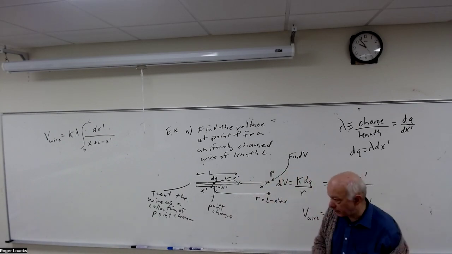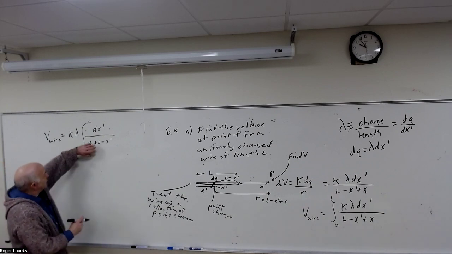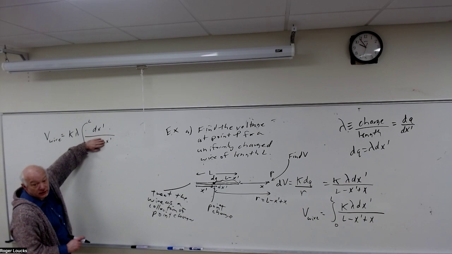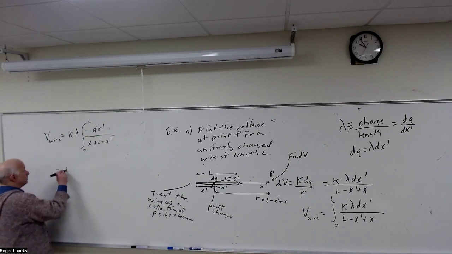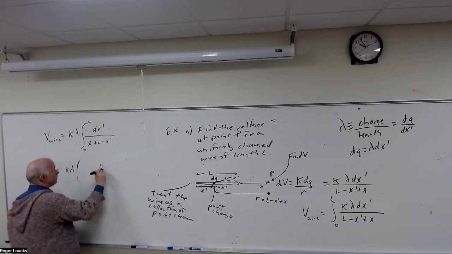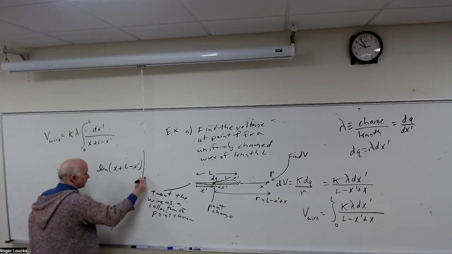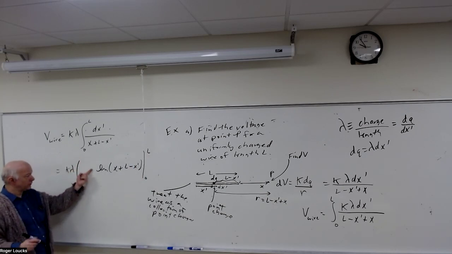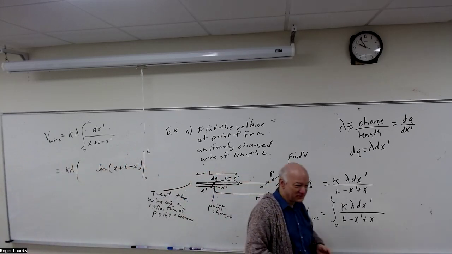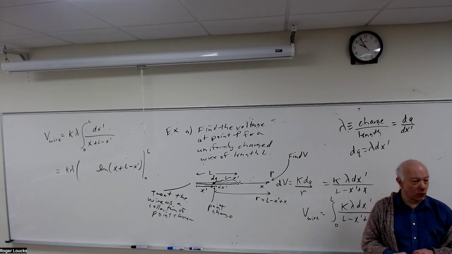Yeah, it's going to be the ln of something. If I just had dX prime over X prime, that smells like an ln. So you would guess initially K lambda, and there could be something in front, the ln of X plus L minus X prime, evaluated from 0 to L. Now the question is, is there anything in front? So I turn to you. Is there anything in front? I'm hearing a minus 1.